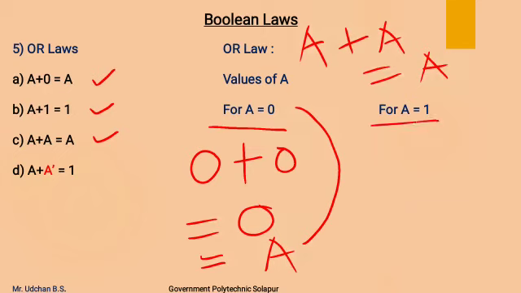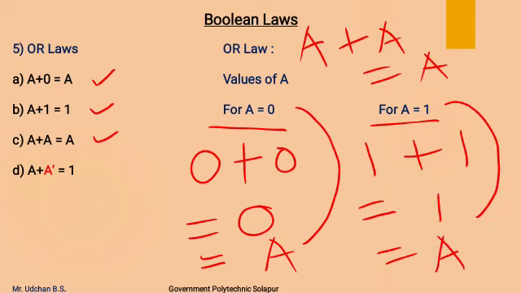Again for a equal to 1, 1 ORed 1 you will get 1, which is nothing but again the value of a which we have considered. So a plus a will give you a.